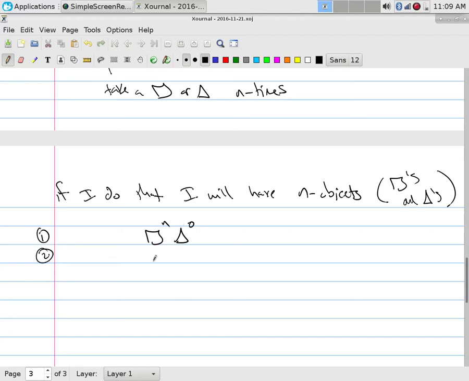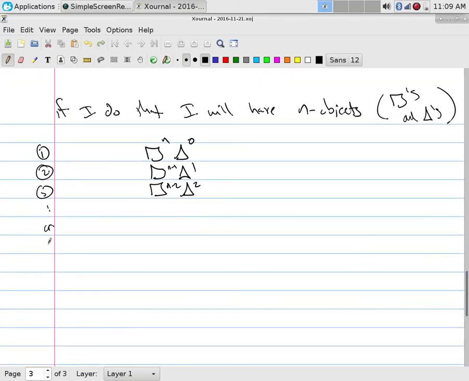What's the second case? Well, I could have had one triangle, but that means how many squares did you have? N minus 1. Or I could have had two triangles, but then how many squares? N minus 2. Or the nth version of this, I could have n triangles and how many squares? 0.